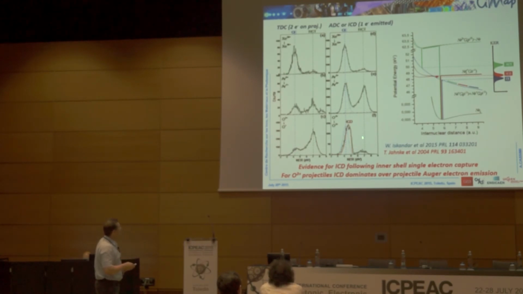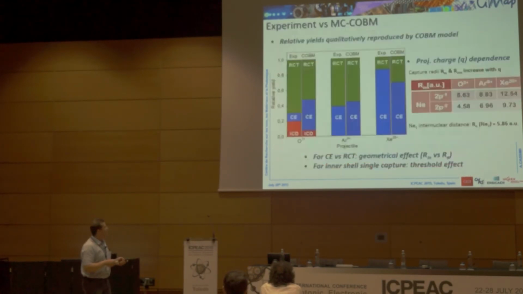You could see ICD only in the case of oxygen 3 plus here, this peak, which is a little bit shifted compared to the Coulomb explosion peak. And for these projectiles, ICD dominates over the projectile Auger electron emission. So again, at low energy, ICD is still the main process to produce low energy electrons, free electrons.